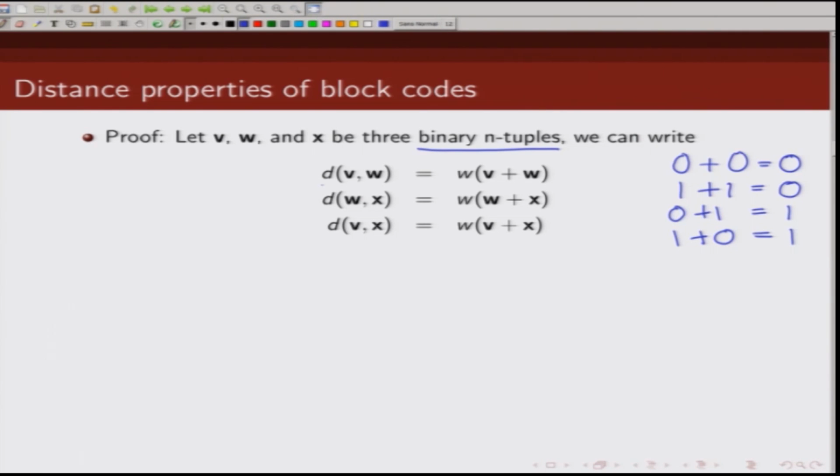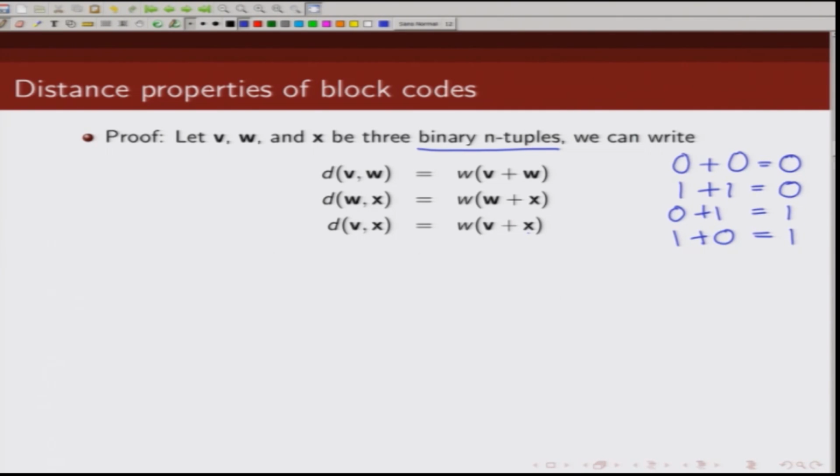So, we can write the Hamming distance between V and W as the Hamming weight of V plus W. Similarly, we can write the Hamming distance between W and X as the weight of W plus X, and we can define the Hamming distance between V and X as the weight of V plus X.